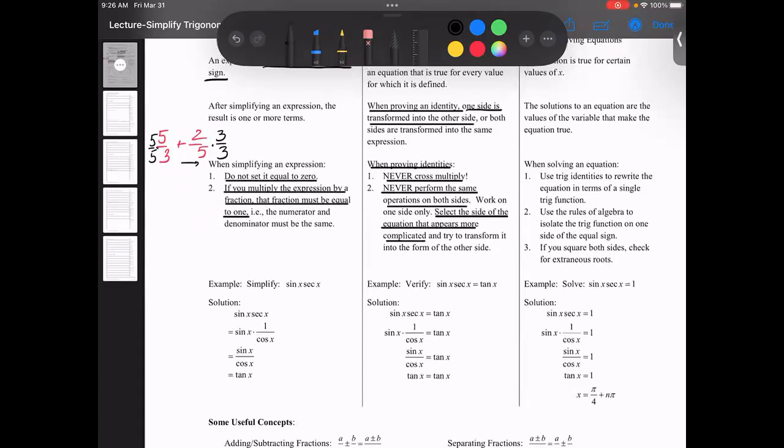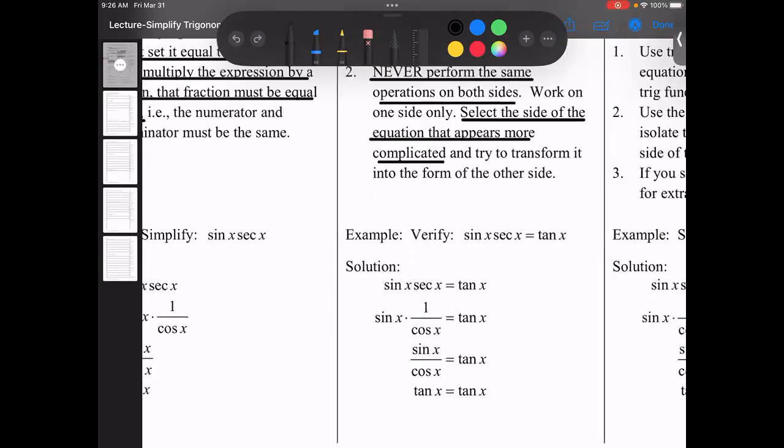So for example, if you look at this example right here, sin x times secant x equals tangent x, I need to prove that sin x times secant x is indeed equal to tangent x. So I'm gonna pick the more complicated side, which is the left-hand side, right?